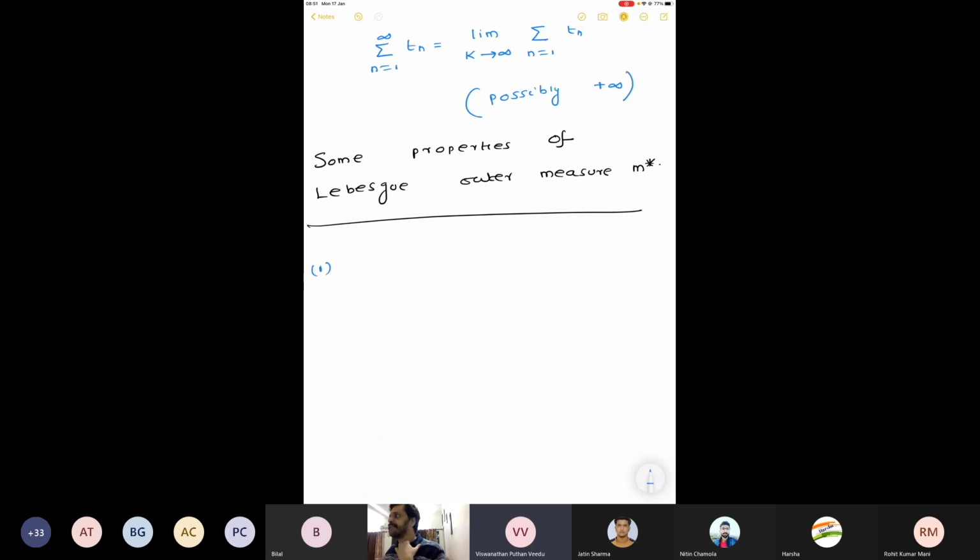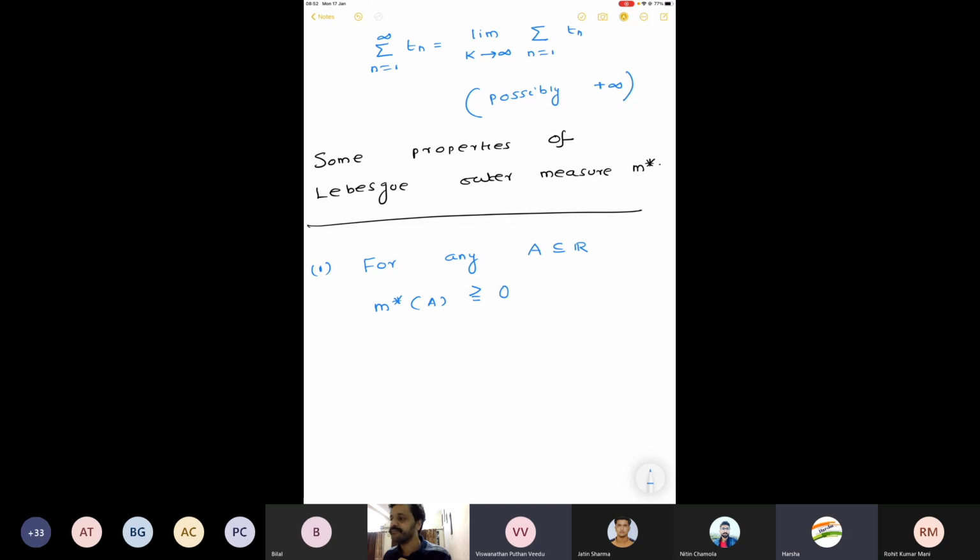For any A subset of R, do you see that M star of A is greater than or equal to 0? For any A subset of R, the Lebesgue outer measure, which is defined using coverings of open intervals, summation of the length, infimum, and so on, will be greater than or equal to 0.